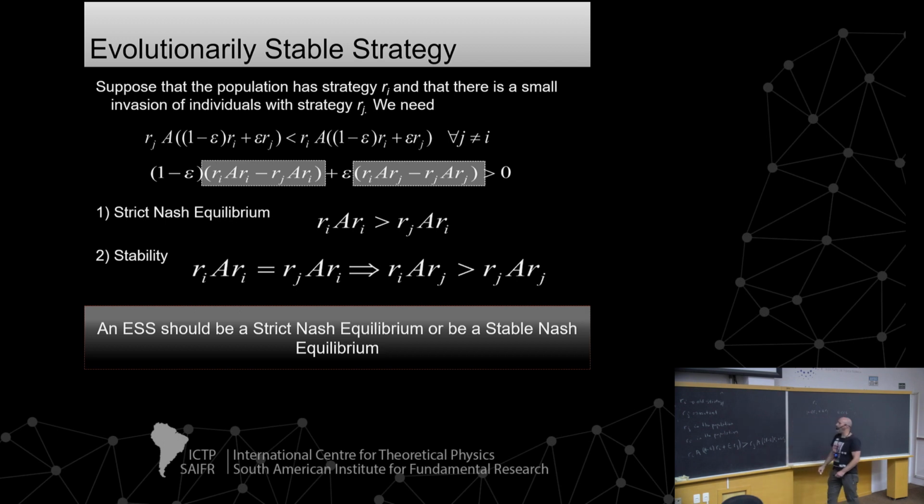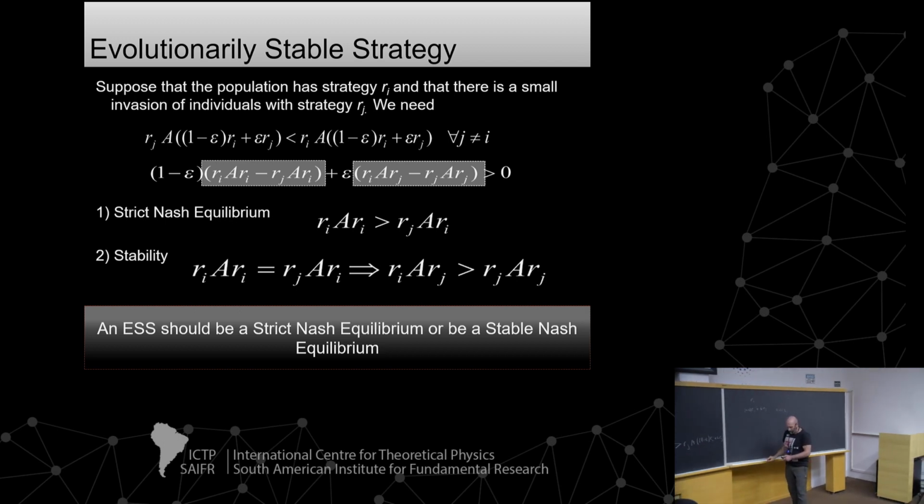This is what I want, and this is what I have written here. I want this payoff to be greater than this payoff. This is the condition for Ri to be evolutionarily stable, meaning that for any strategy Rj, with j being different from i, the payoff of Ri against the population is greater than the payoff of Rj against the population.